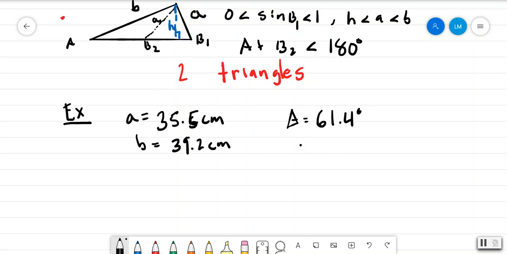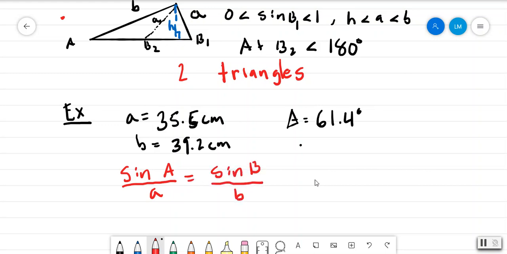Okay, so the way that we're going to do this is we're going to go ahead and find sine of B. So we're just going to say that sine of A divided by little a is equal to sine of B divided by little b.